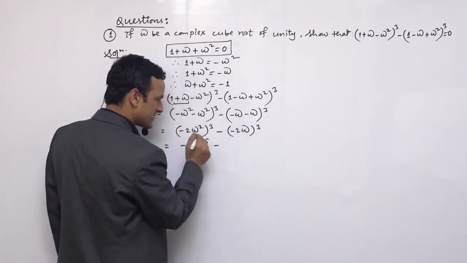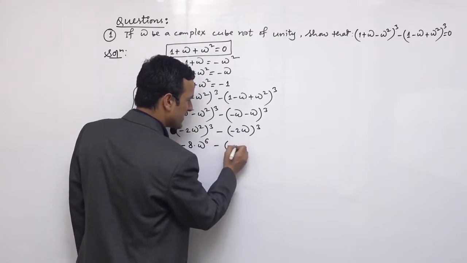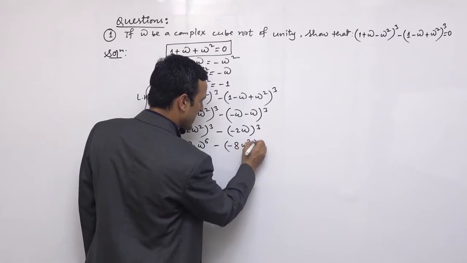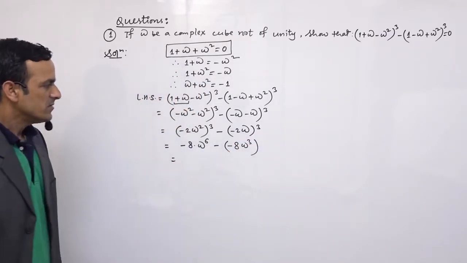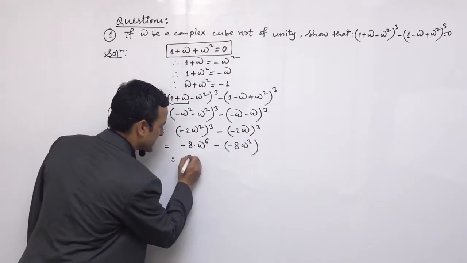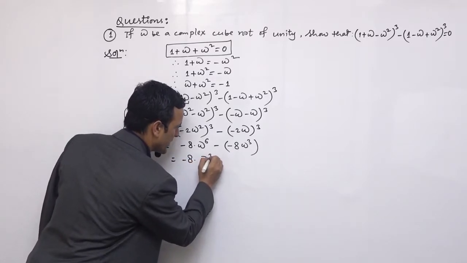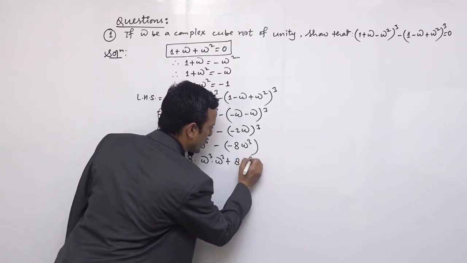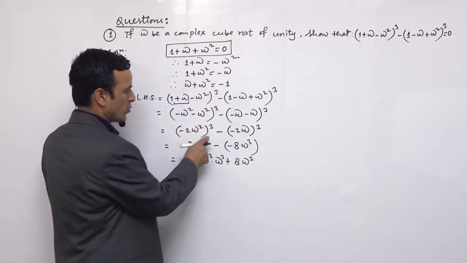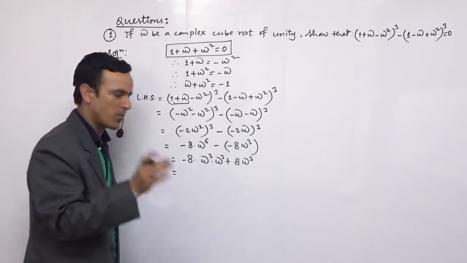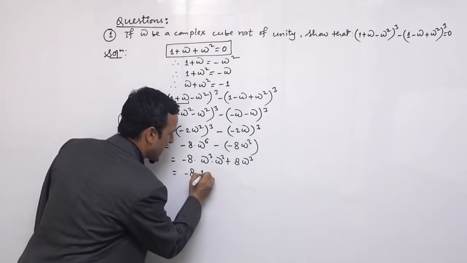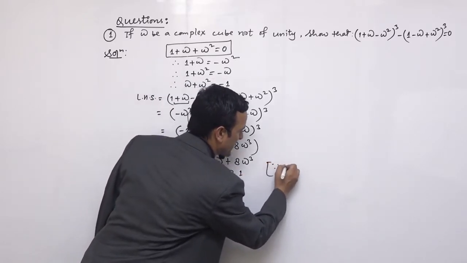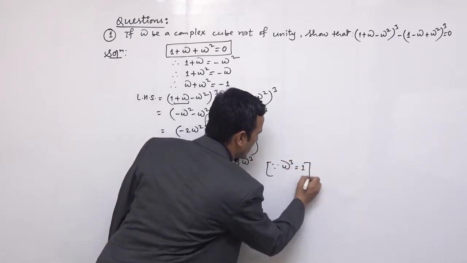So minus minus plus, write down minus 8 omega cube into omega cube, plus 8 into omega cube. Omega 6 means omega cube into omega cube, and as you know omega cube means 1, so write down 1.